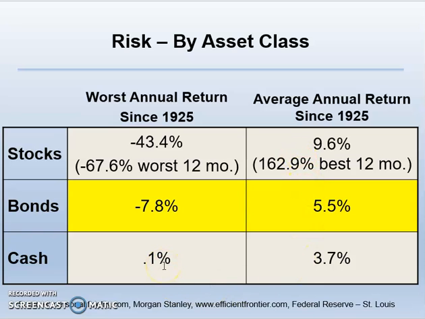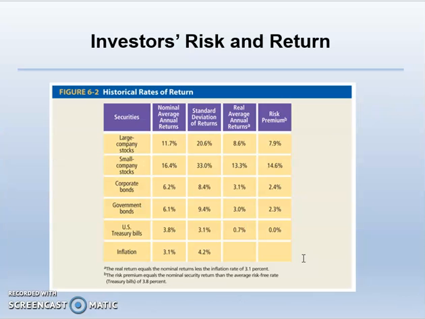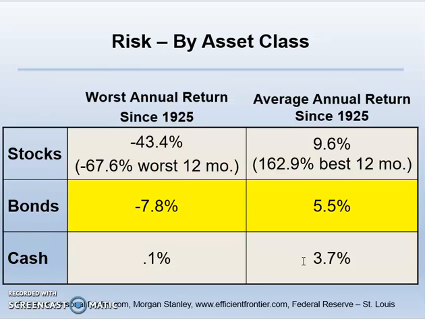Cash, almost zero, basically. And so not negative. By definition, cash doesn't go negative, but it also is not going to go up very much. If you remember, inflation on the prior chart was 3.1%. You barely keep up with inflation with cash.